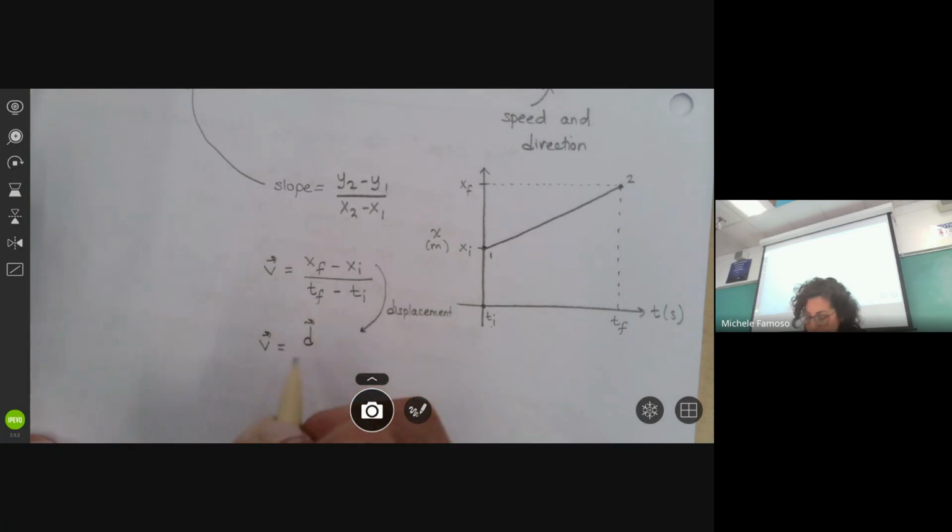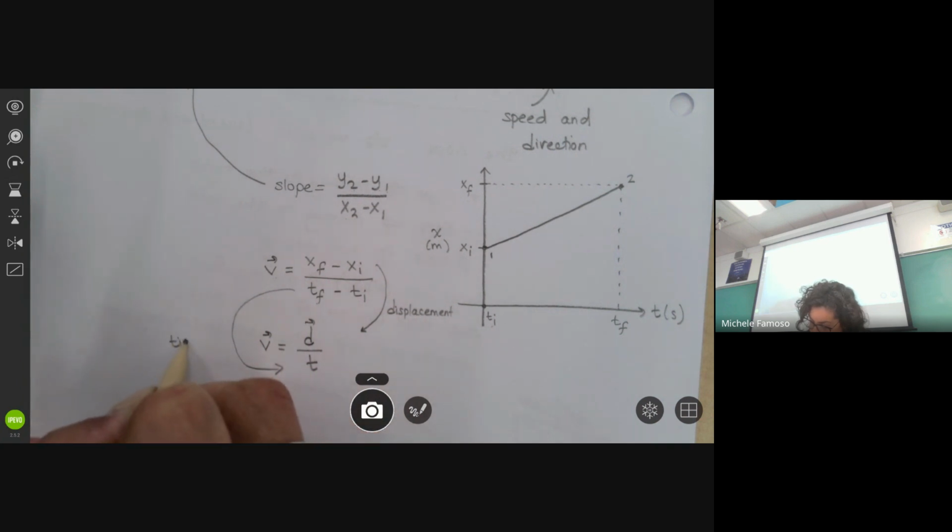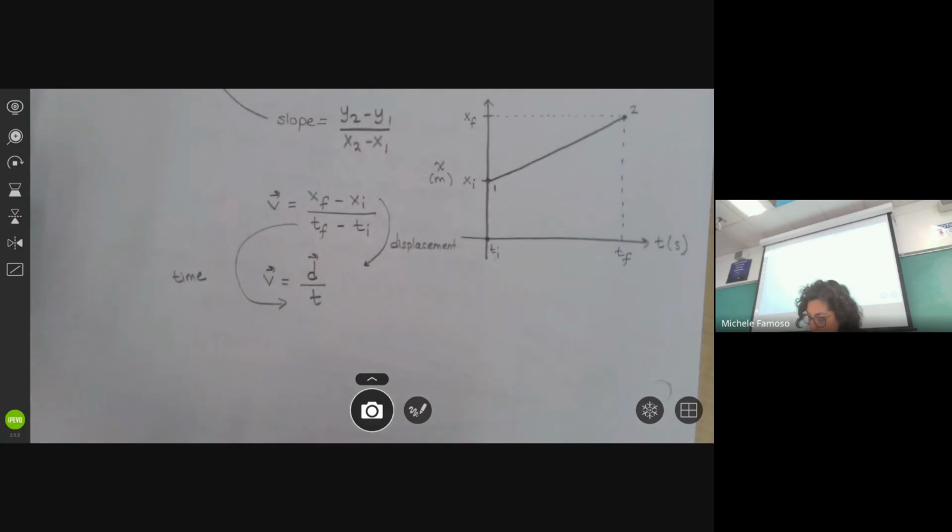And this is what we call the time or the time period. So we just developed a physics equation from a graph, which I'll show you in just a minute on our reference table.